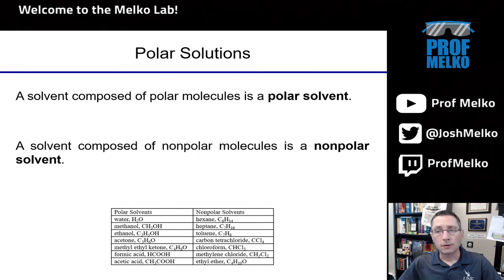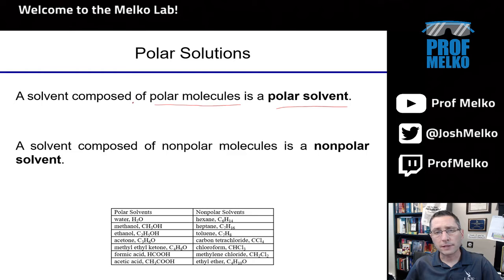Now, really we have two different types of solvents, and this explains what types of solvents mix with other solvents and what settle out, kind of like oil and water. A solvent that's composed of polar molecules is a polar solvent, pretty self-explanatory. And we learned about polar molecules in previous videos.